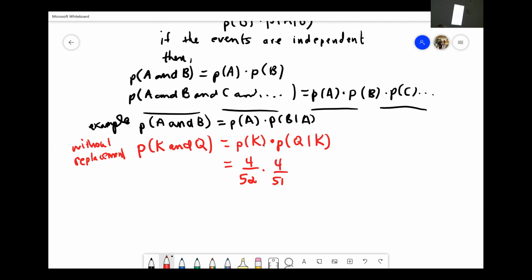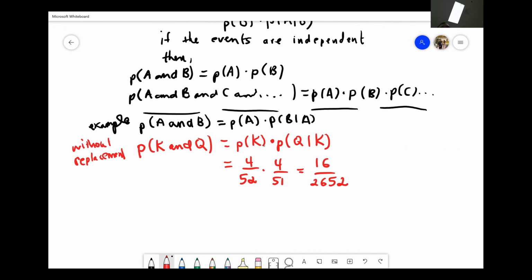Do you know why we're getting 4 out of 51? Yes. And so, yes. So now this is 16 out of, wait, I messed up. Out of 52 times 51. You got to multiply. Yep.